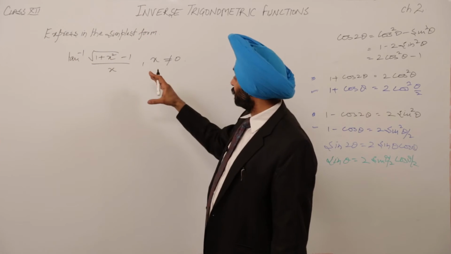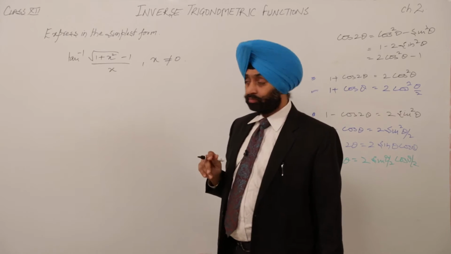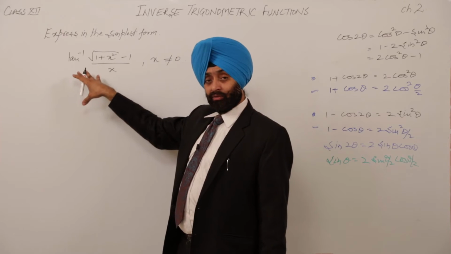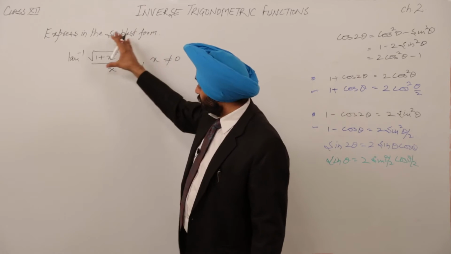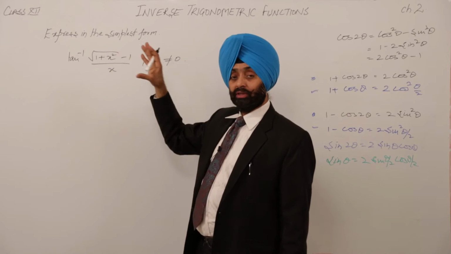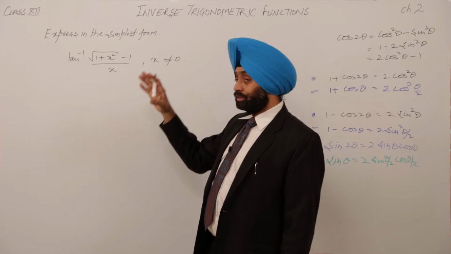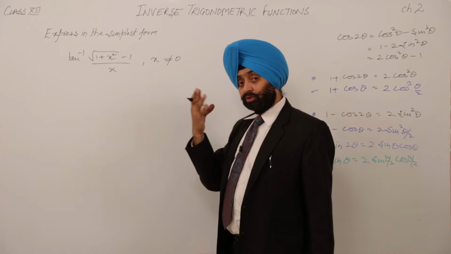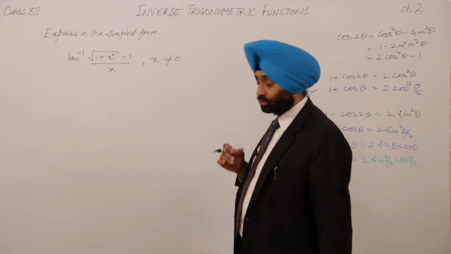Whatever type of question it is, I will give you a demo for 2-3 different questions. If right in the beginning it is tan inverse, try to change the whole expression into tan form, so easily we can cancel tan and tan and get the result. You have already done that in the last classes.